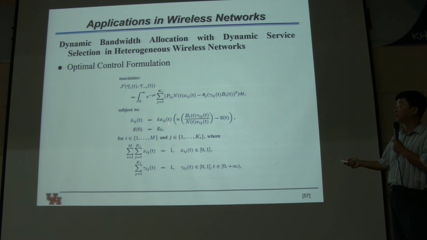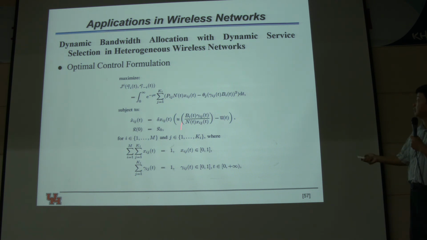If you give better performance, this X derivative is the increase or decrease of your customers. If your service is better and your current population is not small, then overall the population will grow.